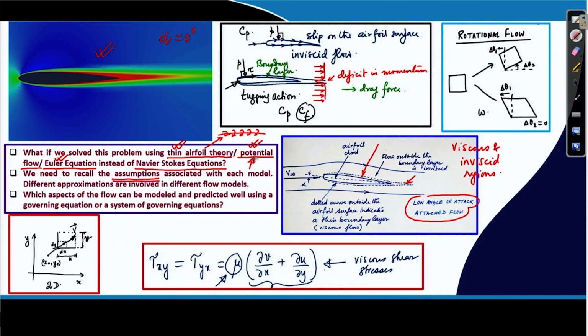Then, if you recall potential flow, the first point where we started discussing potential flow was that there can be no rotationality. So, the flow essentially has to be irrotational, and you know that all viscous flows would have rotationality anyway in the viscous dominated regions.